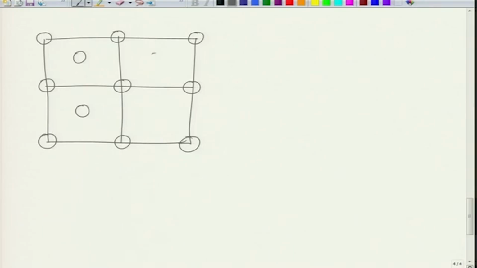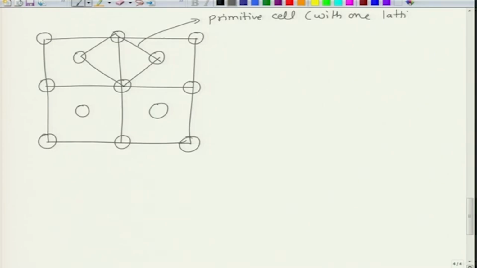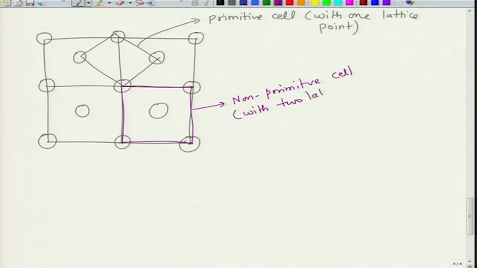In the monatomic lattice, the smallest repeatable unit is this, and a smallest repeatable unit is called a primitive cell with one lattice point, and then you can construct a non-primitive cell which is this cell, with two lattice points.